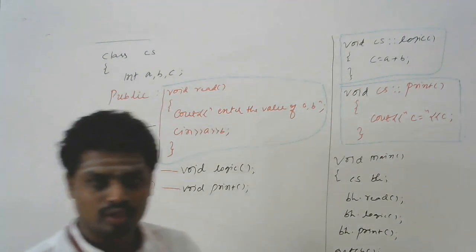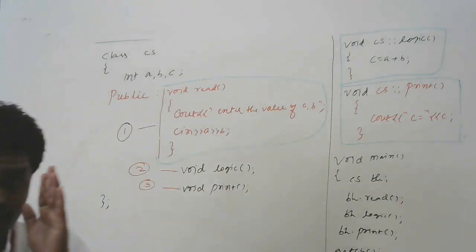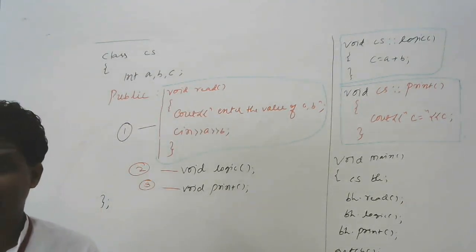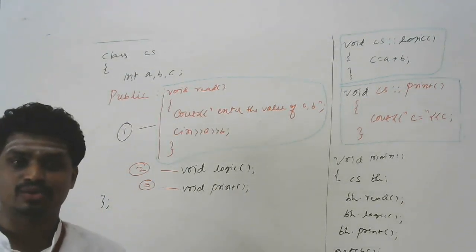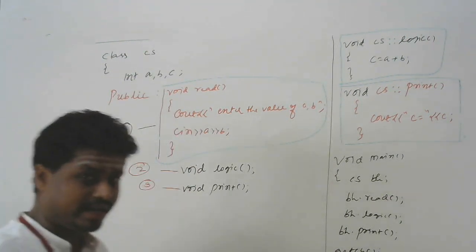And one more note you are supposed to remember. In a single program, again I am revising this. Many times I have told you, but one more time I am telling you just to remember. This is very important.